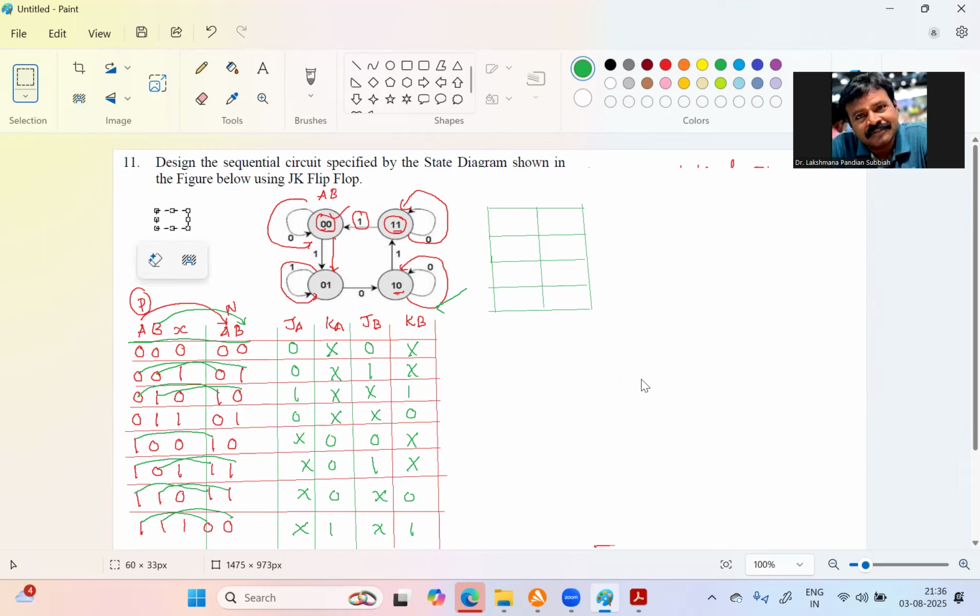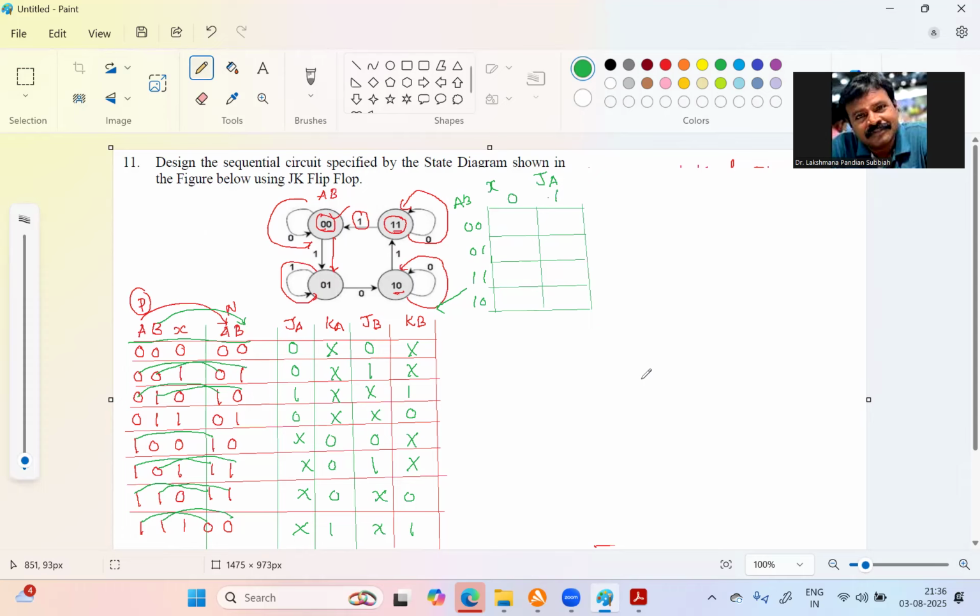Here we are having now AB, this is X, then this is for JA. So 0, 0, 0, 1, 1, 1, 1, 0, and X is 0, 1, right?